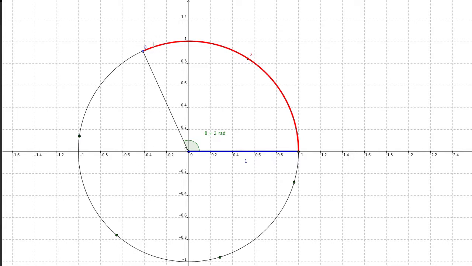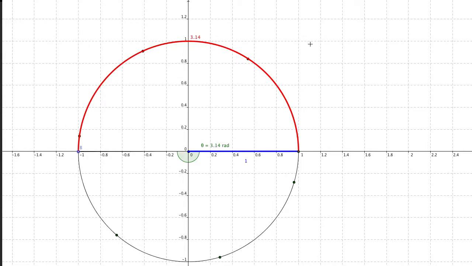An interesting thing happens when I bring my arc around to create a semicircle. The angle turns into 3.14 radians, and we should know that 3.14 is pi. So one way of converting between radians and degrees is just to remember that a semicircle, or 180 degrees, is the same thing as pi radians.